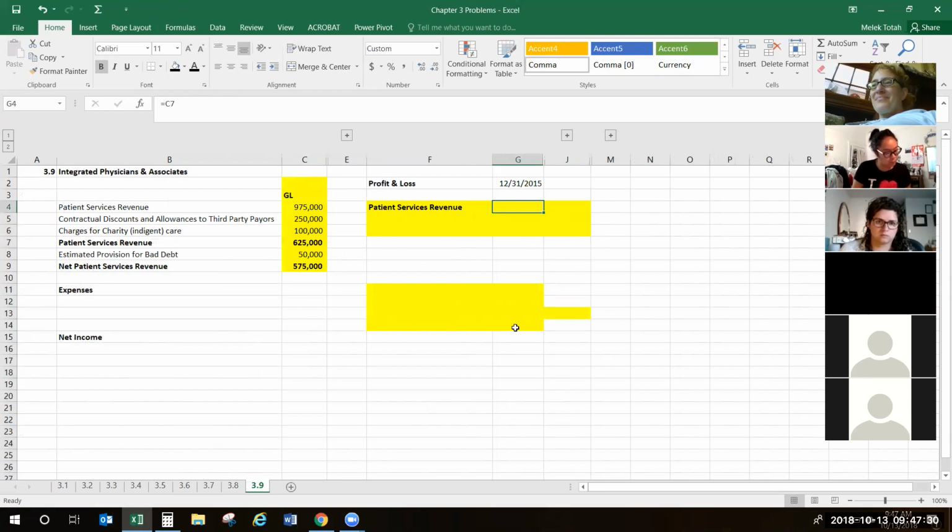We said no for the charges for charity. Right. And what about the contractual discounts? Can anybody think of a reason why it wouldn't make sense to show contractual discounts on a profit and loss statement? Because it's a loss?